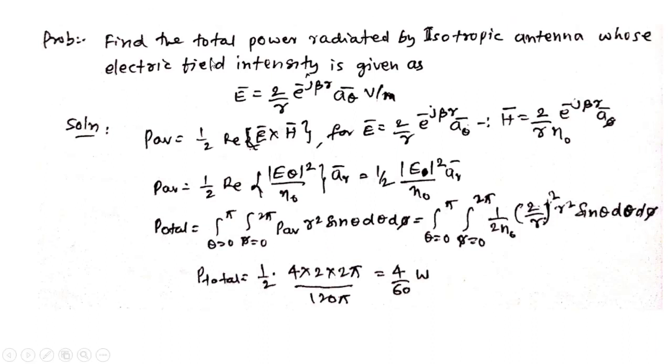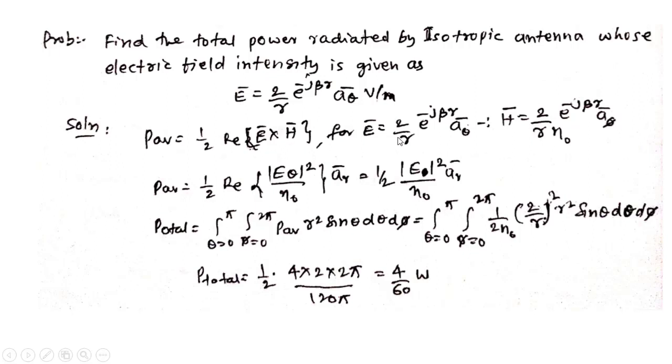Next, find the total power radiated by an isotropic antenna whose electric field intensity is given as E bar is equal to 2 by R e raised to minus j beta R a theta bar volt per meter. We know that P is equal to half into real part of E bar cross H bar, that is S bar.